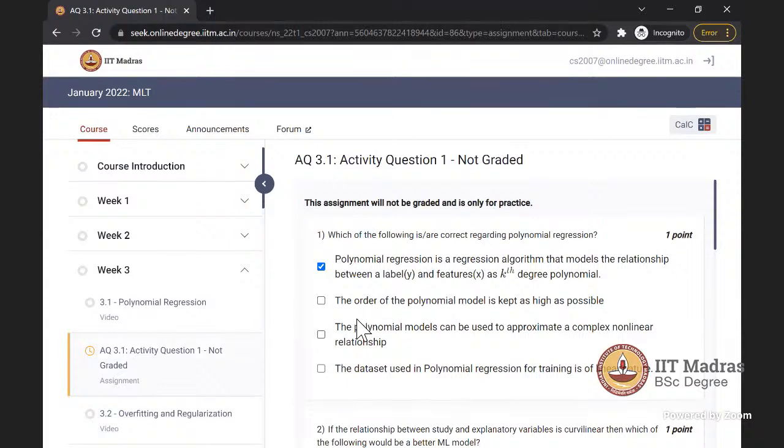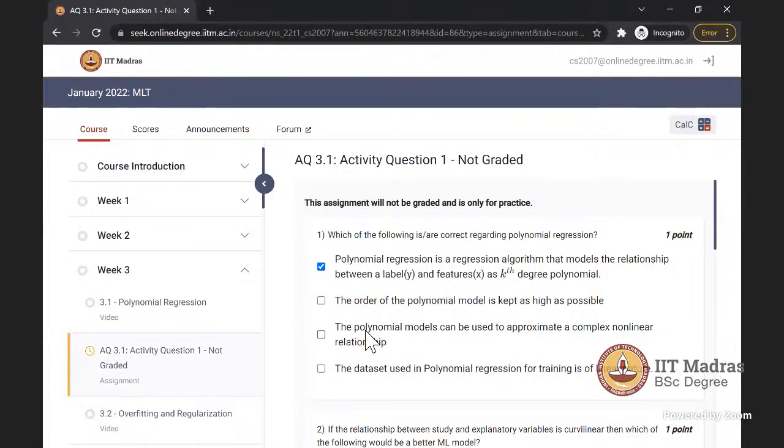The third option is, polynomial models can be used to approximate a complex non-linear relationship. What do you think of this? Yes, it can be. It's written as "can be", so it's suitable.